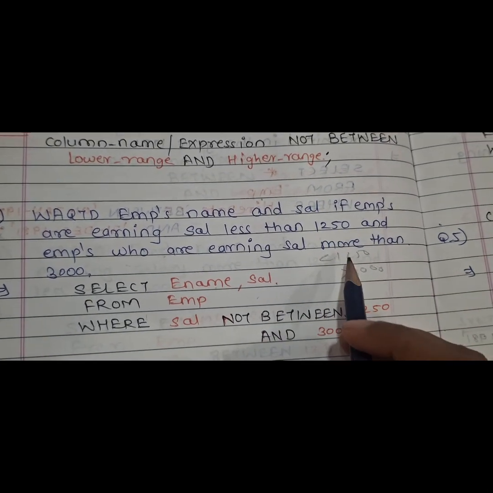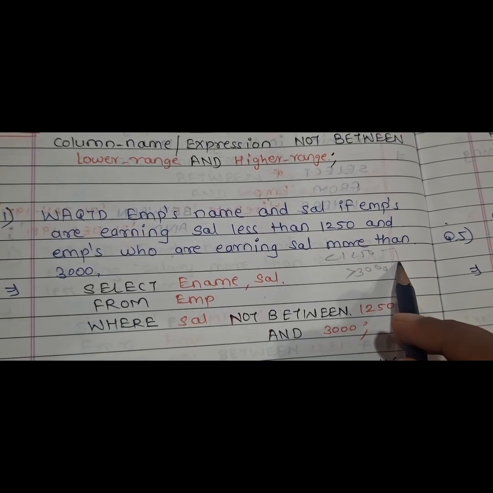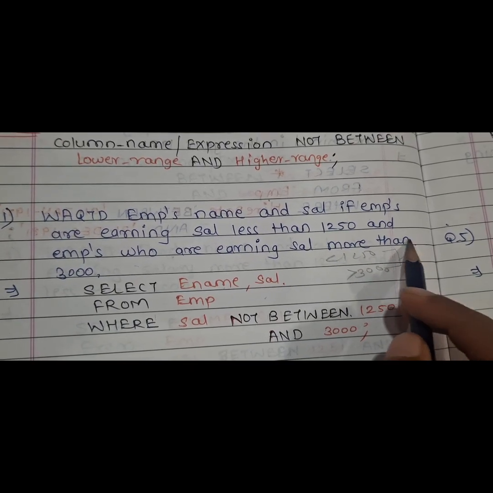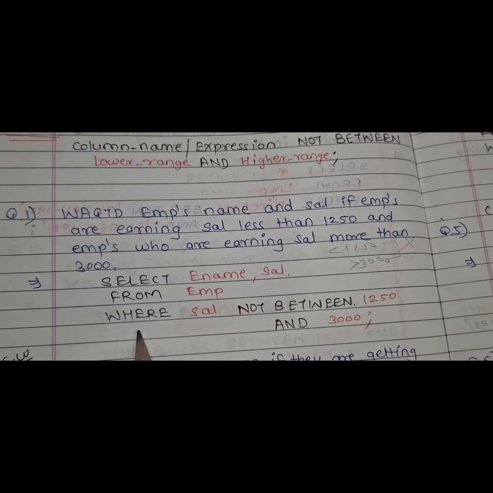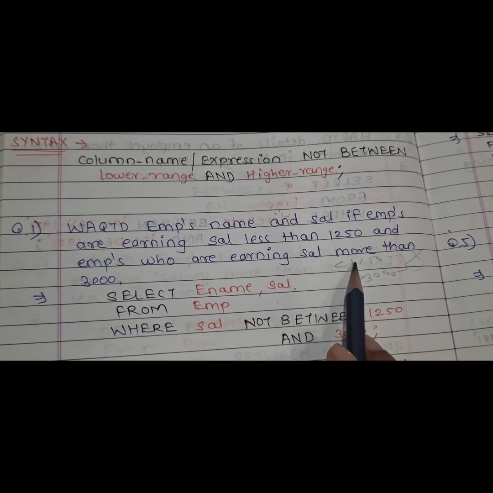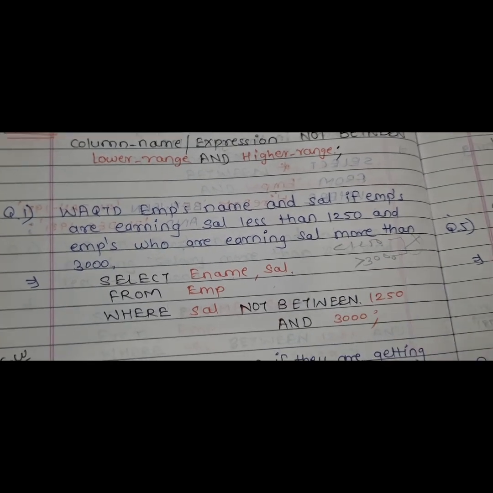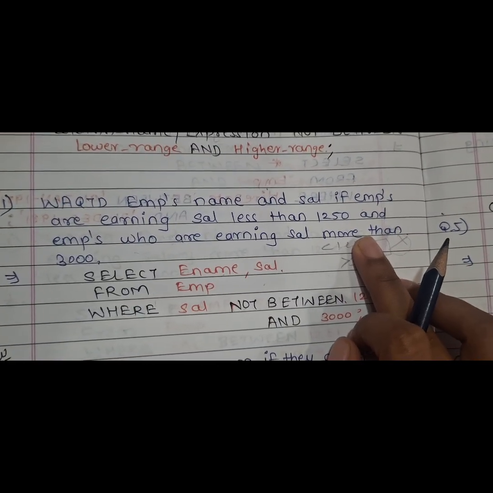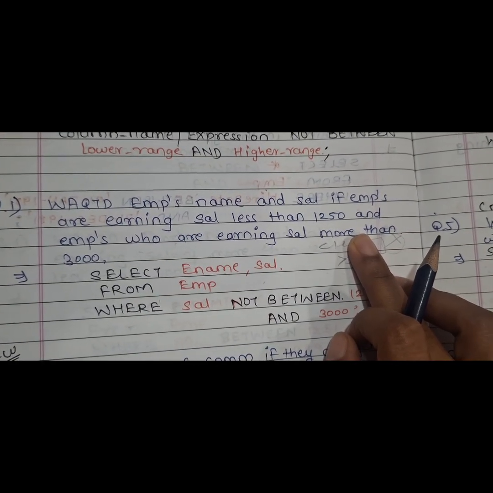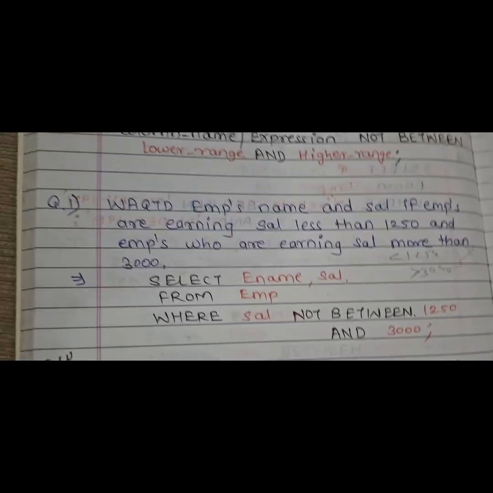Between 1250 and 3,000 we don't have to return the values. So what will I do? Where salary is not between 1250 and 3,000. It works without including the ranges, so it doesn't matter. So we are writing 1250 and 3,000.